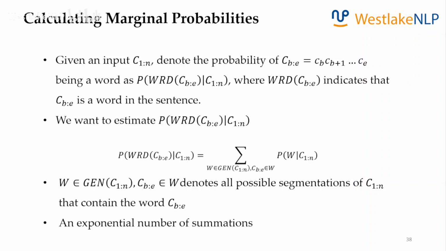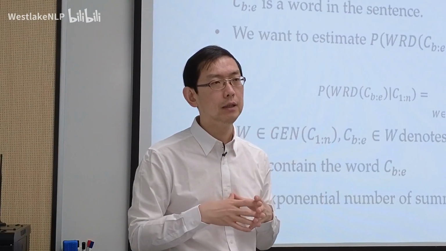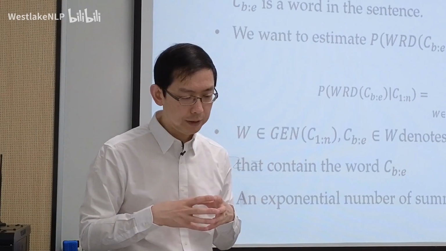So how do we do marginalization? We learned it, right? We just need to enumerate all possible other segmentations, and then add up the joint probability, and we got the marginal probability. So this is what we learned in week 2.